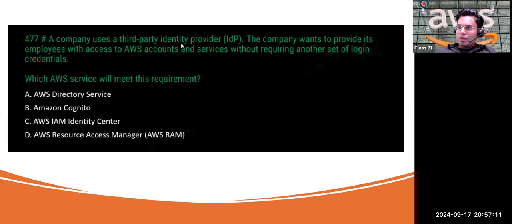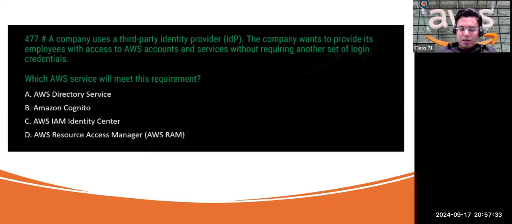A company uses a third party identity provider. A company wants to provide employees with access to AWS account services without requiring a separate set of login credentials. What do you think? So only one service we have if you want to provide login credentials, third party.